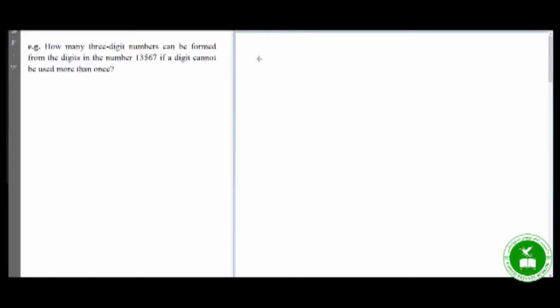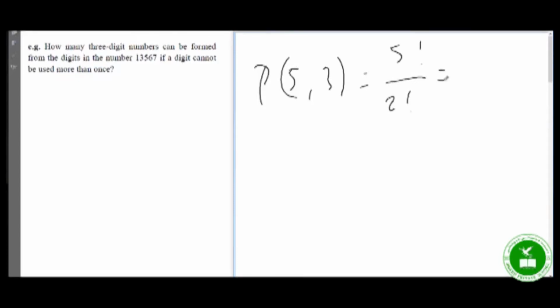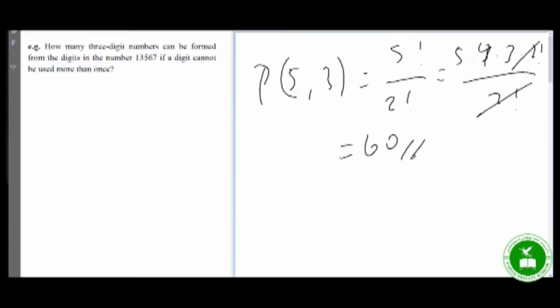So the permutation of 3 from 5 is equal to 5 factorial over 5 minus 3 factorial, which is 2 factorial, and is equal to 5 times 4 times 3 times 2 factorial over 2 factorial. The 2 factorials cancel, and it is equal to 60. So we can form 60 three-digit numbers from these 5 digits.